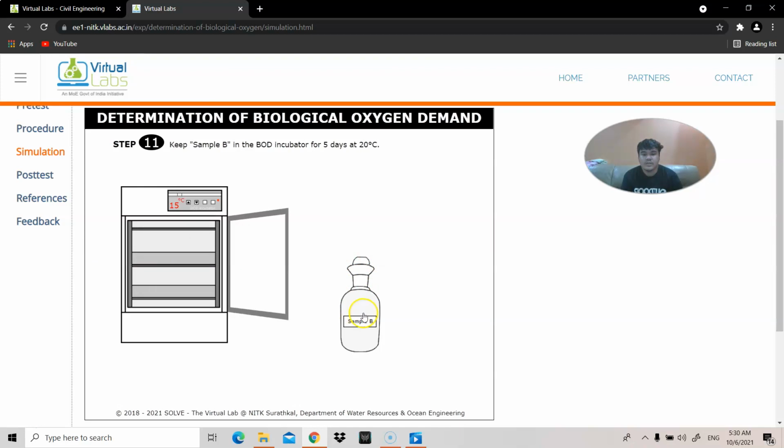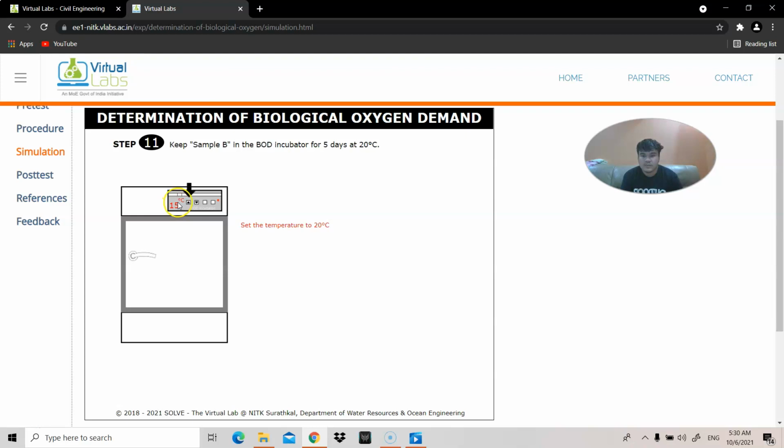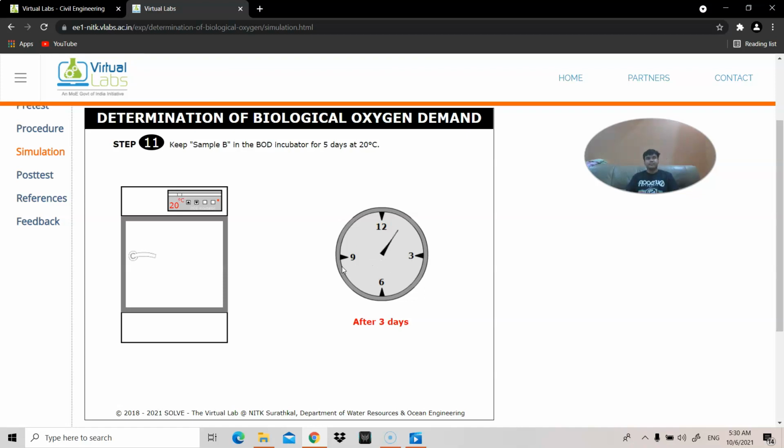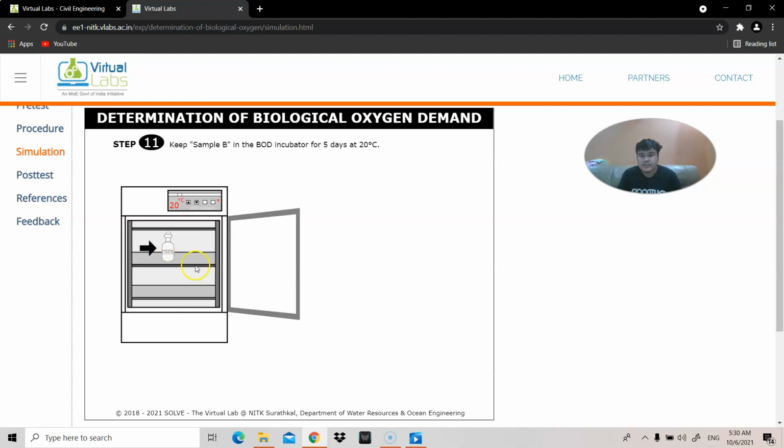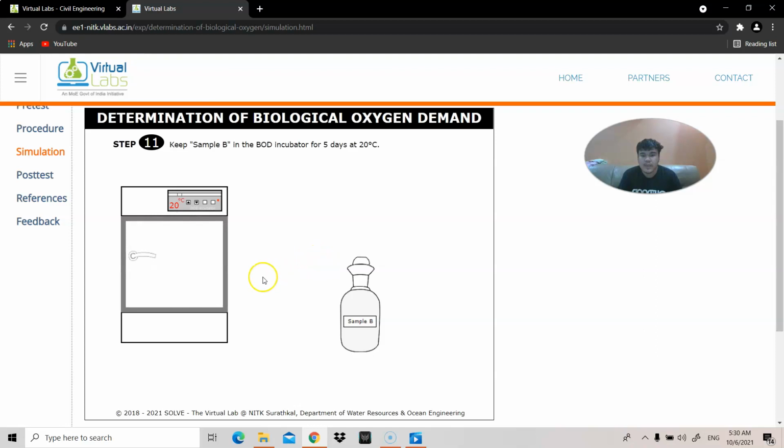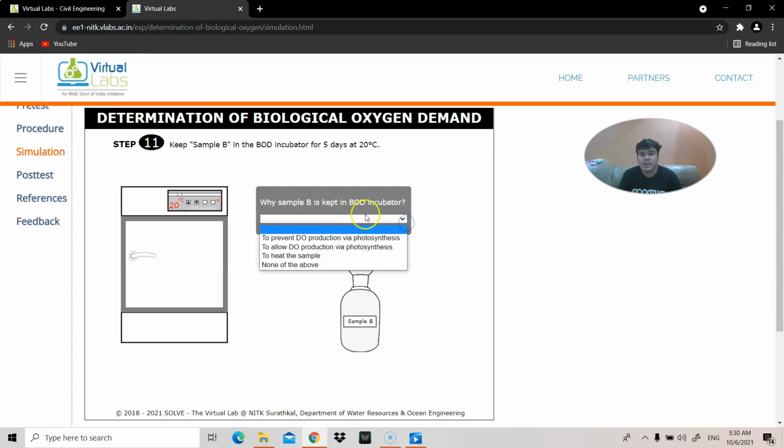Step 11: keep sample B in the BOD incubator for 5 days at 20 Celsius. Close it. Wait for 5 days. Why is sample B kept in the BOD incubator?